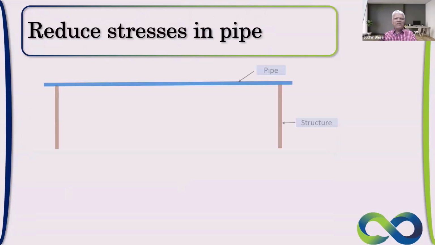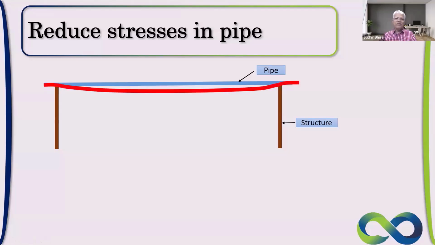Next slide, please. Our first purpose, the code says, is that we want to reduce the stresses in the piping. If you see a pipe which is supported between two structures, you will naturally find that the pipe will sag once it is supported and let loose. And if you want to avoid the sagging, what do we do?